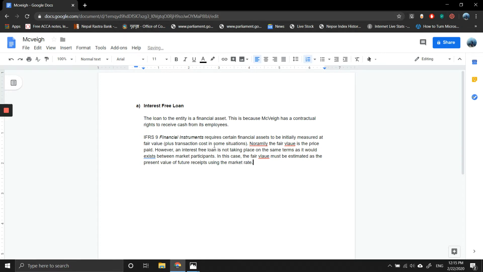Using the market rate, after that what we do is that the difference between the fair value of the loan and the face value of the loan will be treated as employee compensation, in accordance with IAS 19 Employee Benefits.